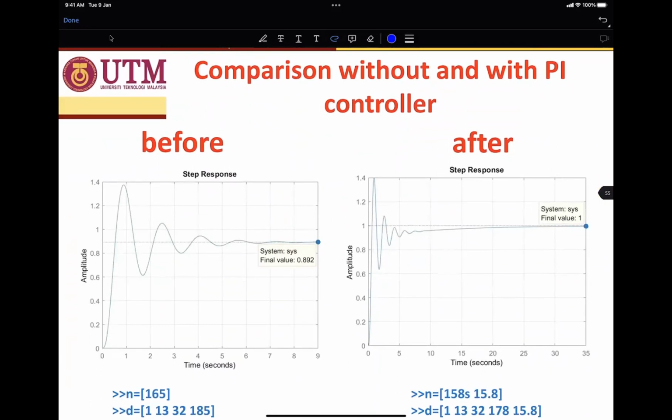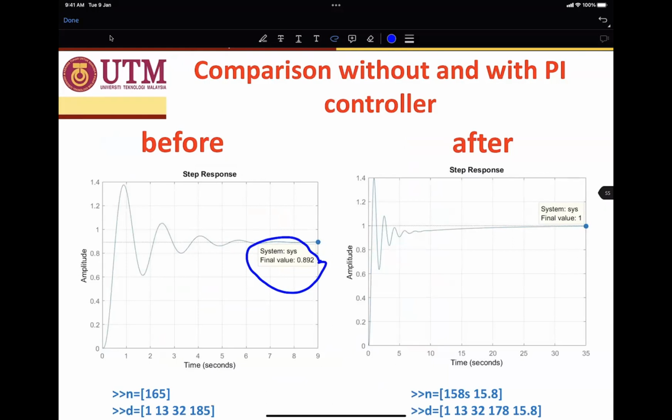When you attach the PI controller to the system, previously it had an error of 0.9, as Brian mentioned just now, and now the error becomes 0.